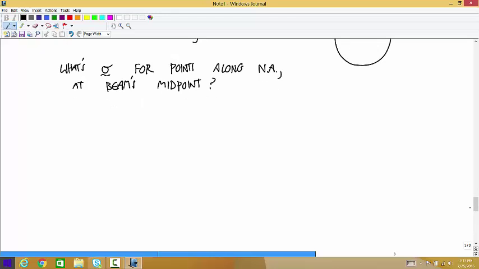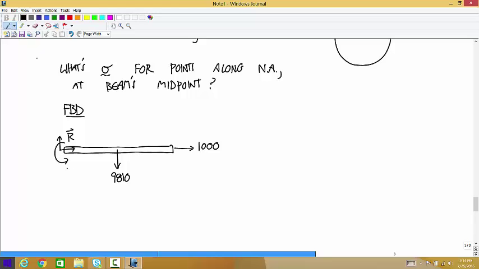So what's the first thing we have to do? Yeah, we have to figure out those external loads. So I'll draw a free body diagram of the whole thing. We have a downward force of 1,000 times 9.81, so 9810. We have a horizontal force of 20,000 to the right, on the right side. And then over here, we have a reaction force and a couple due to the fixed joint.